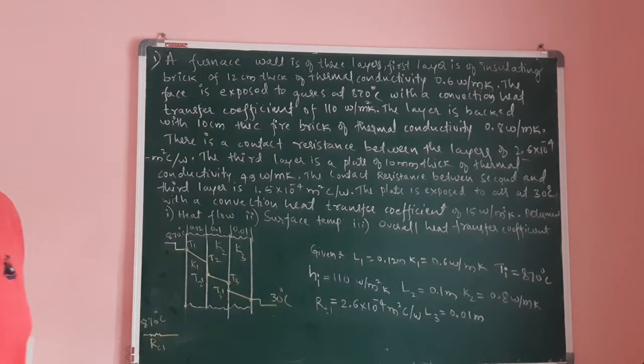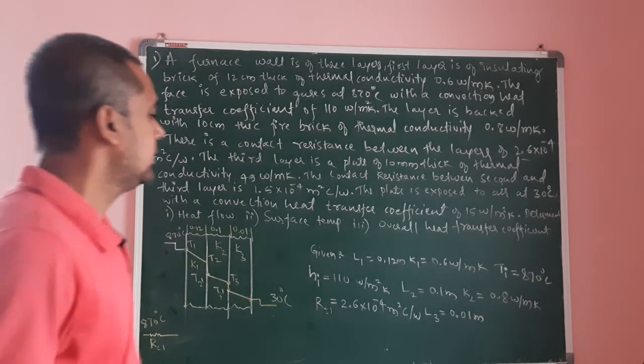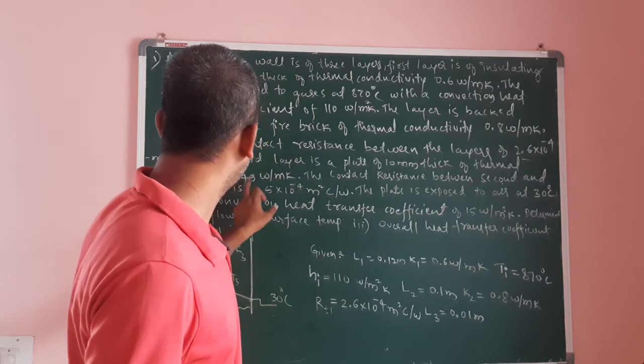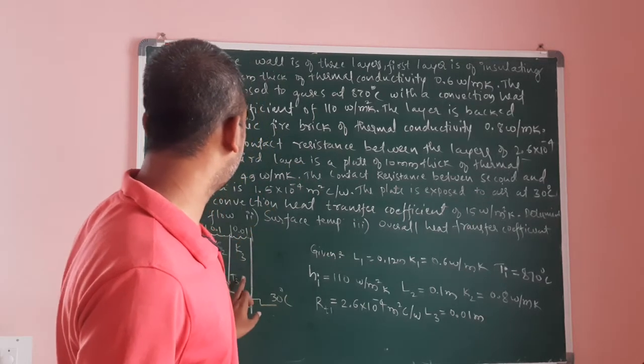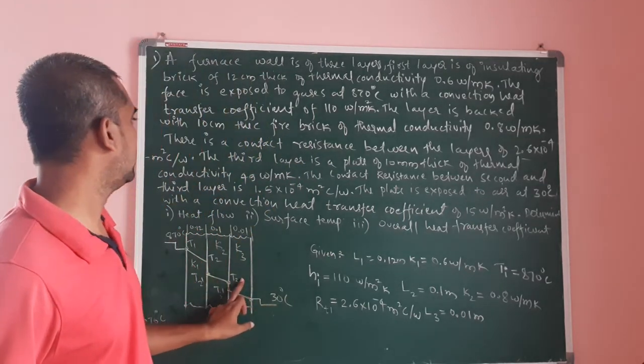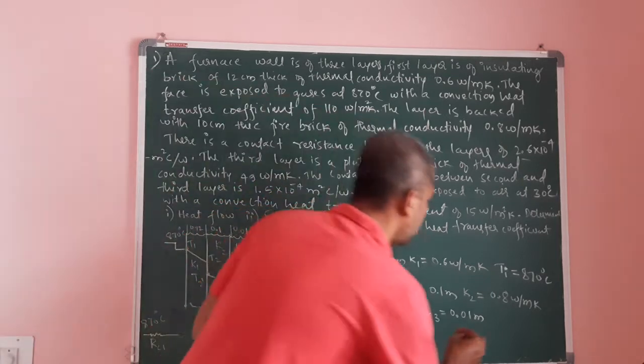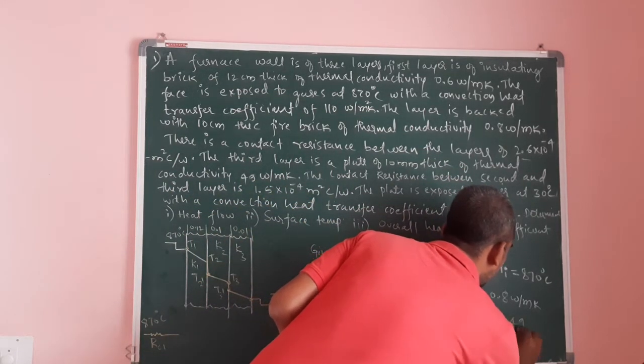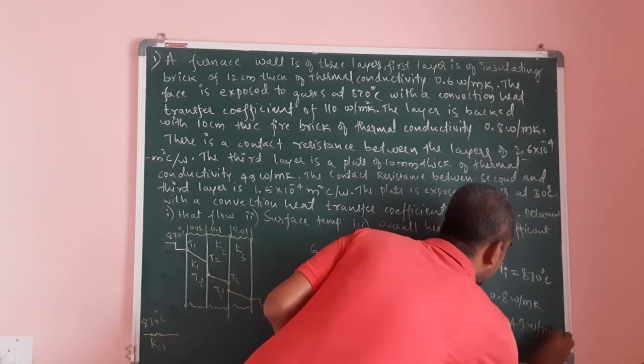Therefore, I will convert other data also in meter only. Okay. Now, thermal conductivity of the third layer, I will call it as K3. K3 equal to 49 watt per meter Kelvin. Okay.